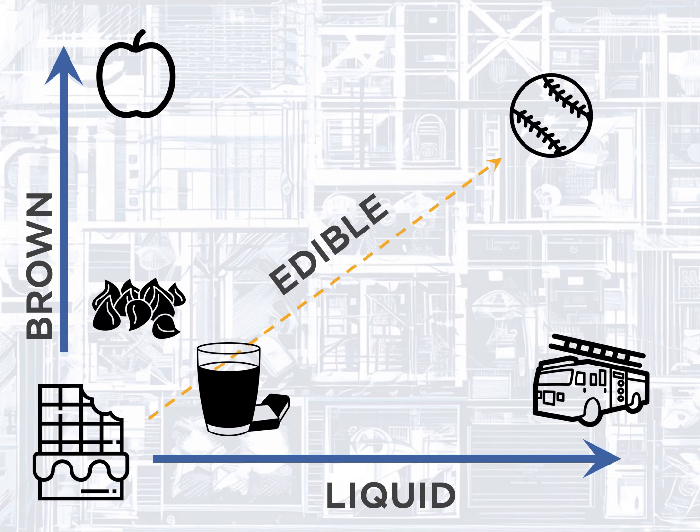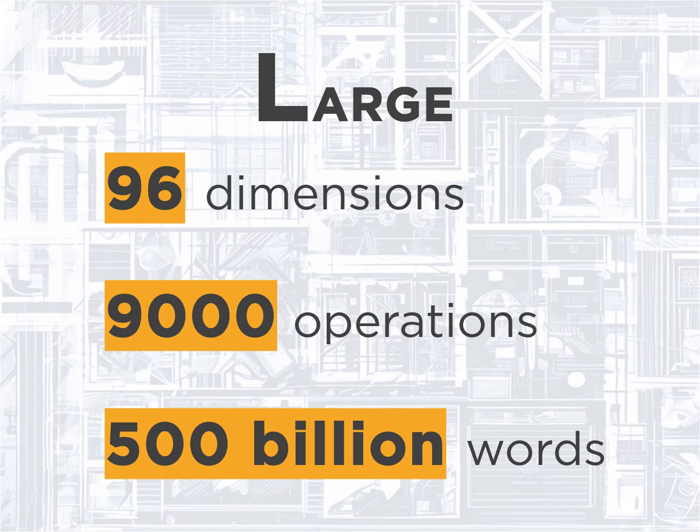If we add a third dimension, let's say edible, we're already reaching the point where it's hard to represent the relationships graphically and the limits of what most people can hold in our minds. But in ChatGPT, each word is given a value in up to 96 dimensions, and it does more than 9,000 operations every time it guesses a new word. It was trained on a dataset of around 500 billion words. That kind of scale is how chat AIs are able to mimic real language and real conversations.